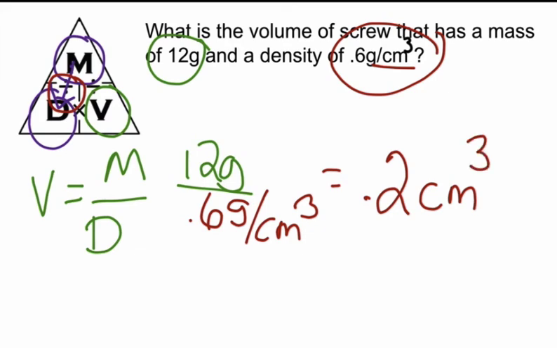If you look here, grams is going to cancel out, and so I'm left with cubic centimeters as my unit. And remember that cubic centimeters is what we use when we're trying to solve for the volume of an irregular object.